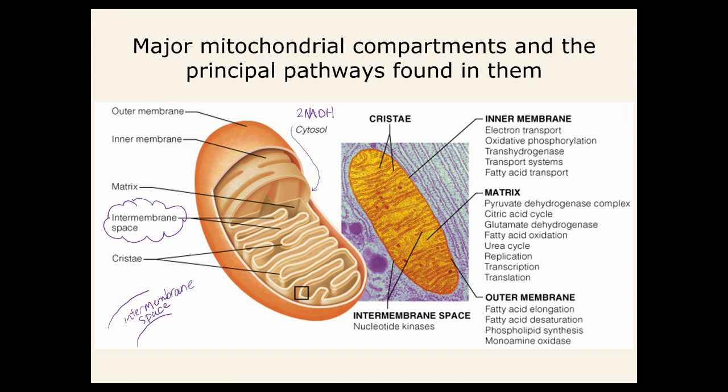That's something I'll just mention as a concept. At the very end of this PowerPoint, it shows you all these different shuttles for getting it in there. I won't ask specific questions on those, but I do want you to be aware that, just like we talked about so much, the membranes are selectively permeable. So NADH needs help to get through.